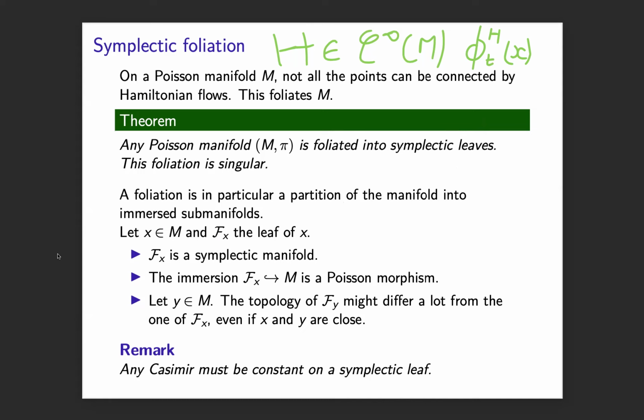So a foliation must be thought of as a partition of M, and this foliation is called symplectic.